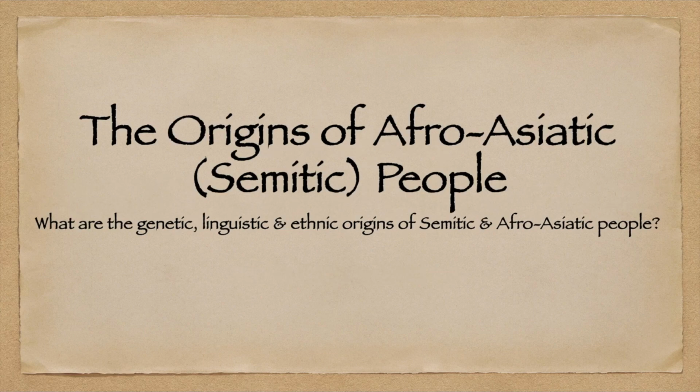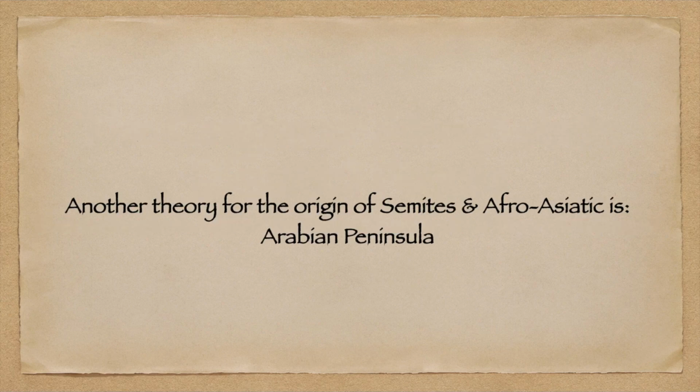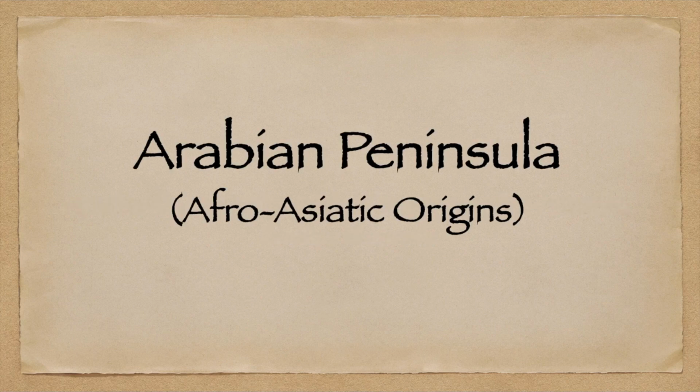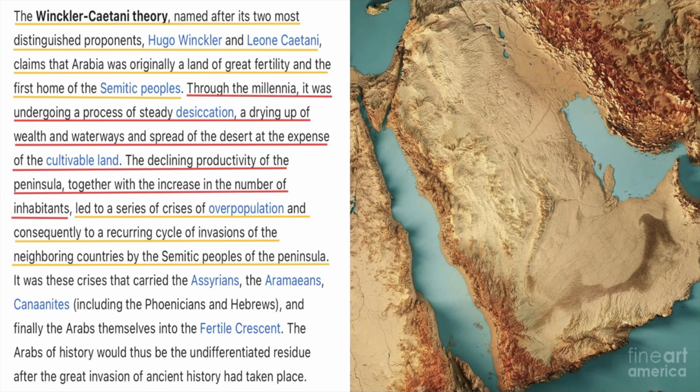So, the origins of Afro-Asiatic and Semitic people. What are the genetic, linguistic, and ethnic origins of Semites and Afro-Asiatic? Another theory for the origin of Semites and Afro-Asiatic is the Arabian Peninsula. So let's look into the Arabian Peninsula origins of Afro-Asiatic.